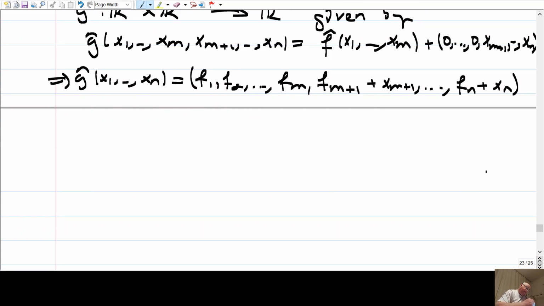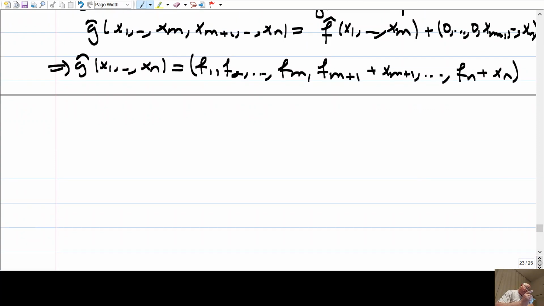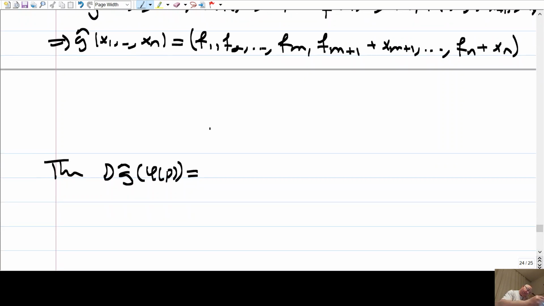Well, if you do this, then the Jacobian of this function at this point becomes what? Let's see. Here I will take again derivatives of all these functions with respect to n variables, x1 up to xn.